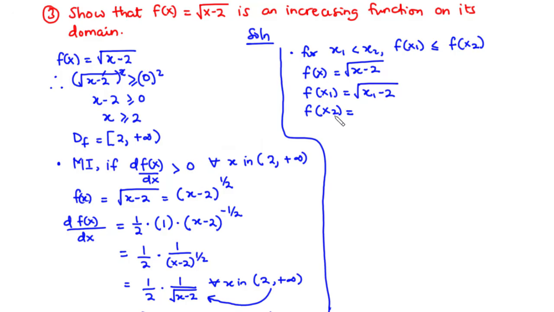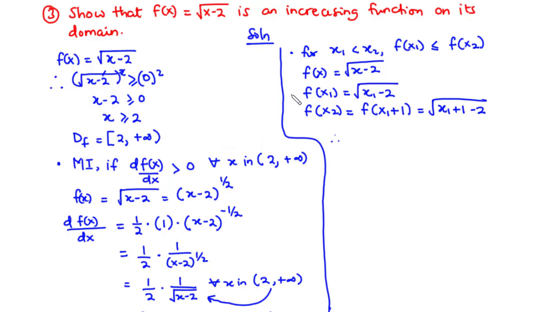Now x2 is considered to be the next term after x1, so instead of x2 we are going to have x1 plus 1, so wherever we see x in the function we are going to replace that with x1 plus 1. So we have x1 plus 1 and then minus 2.